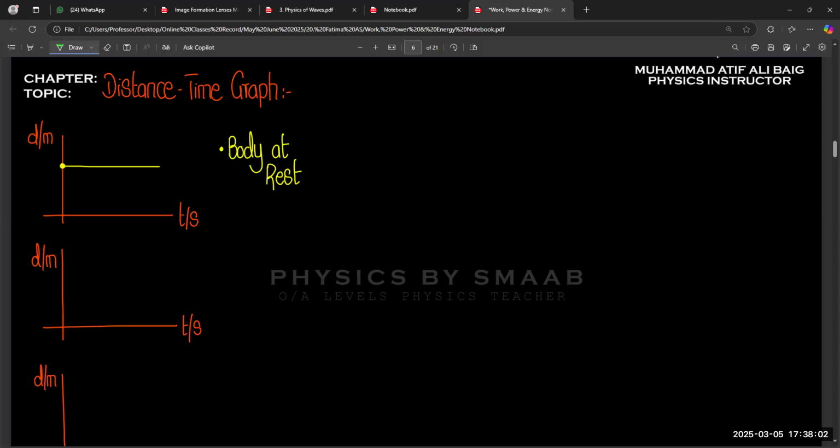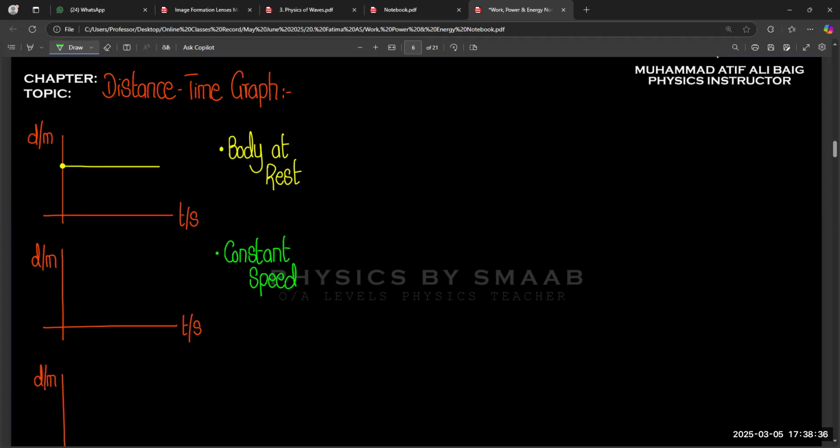In the same way, if we talk about constant speed, constant speed means the body covers equal distance in equal intervals of time. So both quantities are increasing at the same rate. For example, in 1 second a body covers 1 meter, and in the next second the body covers one more meter.